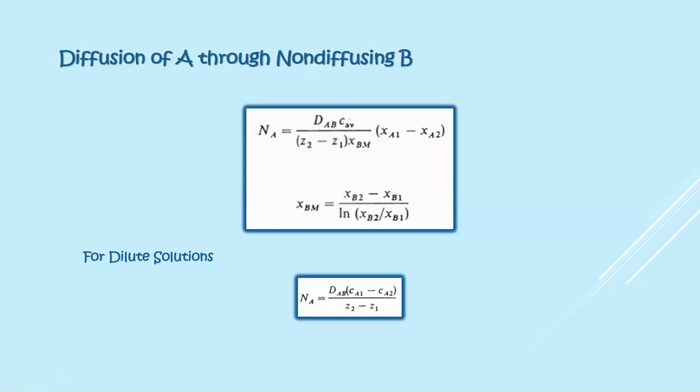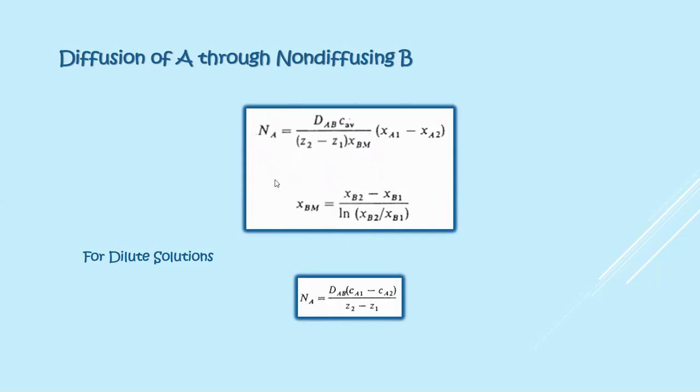So in this case, we understand that A is going to diffuse to B, but B will not diffuse on A. So our flux in this equation is given by this formula, which has a new addition of this particular variable x_Bm. Now, x_Bm actually is the mole fraction of B, but this time it's the log mean of that mole fraction, because we're not simply getting the mole fraction of B at points 1 and 2, but we're making use of the ln in the denominator.